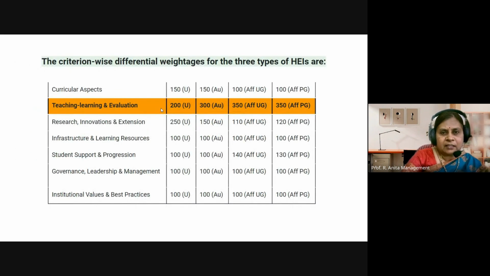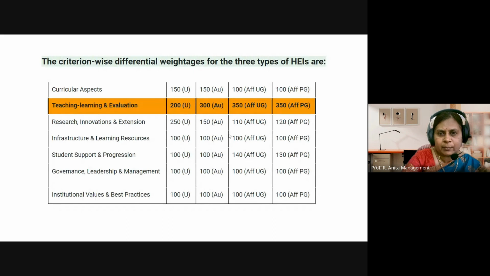As we can see from the slide, among all the 7 criteria, for the autonomous colleges and the affiliated colleges, teaching, learning, and evaluation is given the highest weightage. University gives weightage to research, innovation, and extension, where it is 250, whereas for autonomous colleges it is 300 marks, and for affiliated colleges it is 350, whether it is UG or PG.